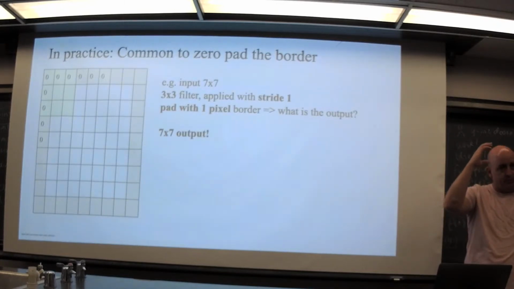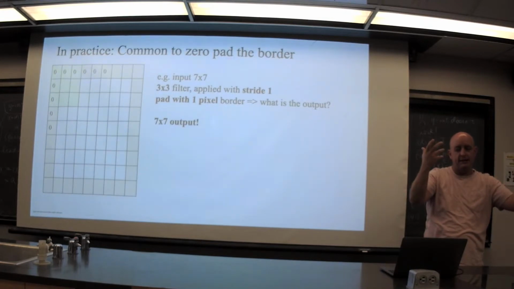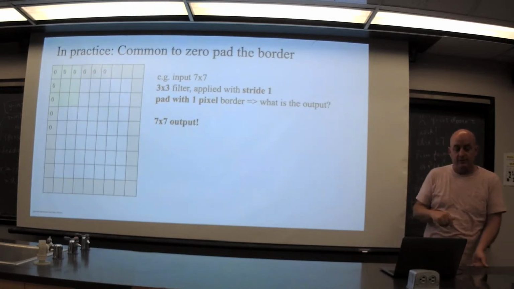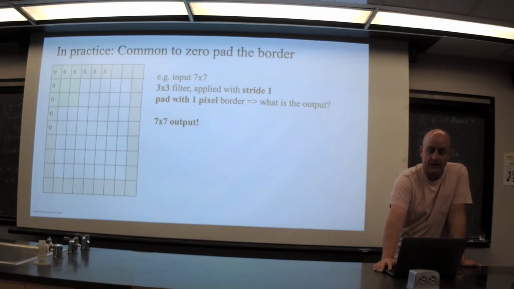Usually the size of the input and the output are maintained with a convolutional operation, and it's only through things like pooling and other kinds of dimension reduction operations that you get a reduction in the size of the output.